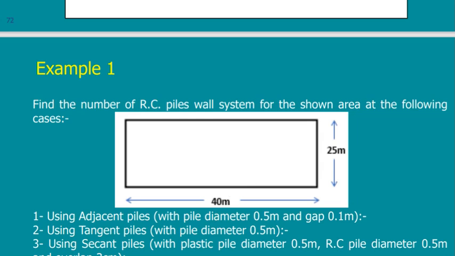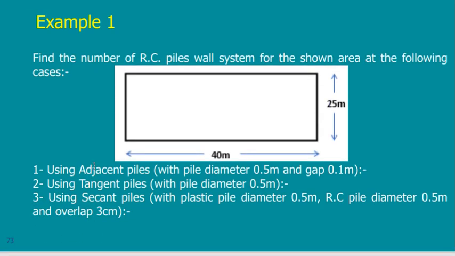You have adjacent piles, tangent piles, and secant piles, and he gave me the dimensions. The pile diameter is 50 and the gap here is 0.1 meter, and so on. He gave me all the dimensions. He just tells me, count the number of piles that you need.